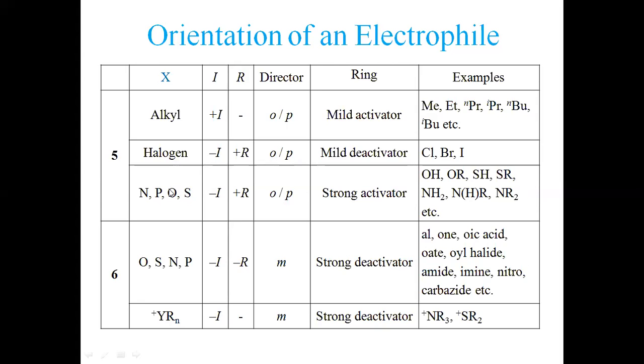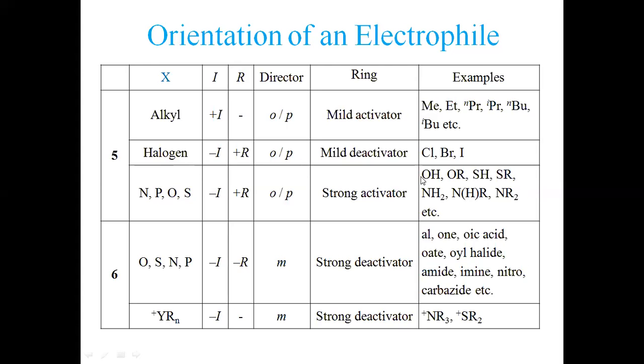Let's say even nitrogen is more activating than oxygen, all right. Because nitrogen contains only 1 non-bonding electron pair, there is no competition at all. It strongly donates this to the aromatic system. In the case of oxygen, there is a competition. That's why, due to this competition, less contribution takes place. So it is strongly activating.